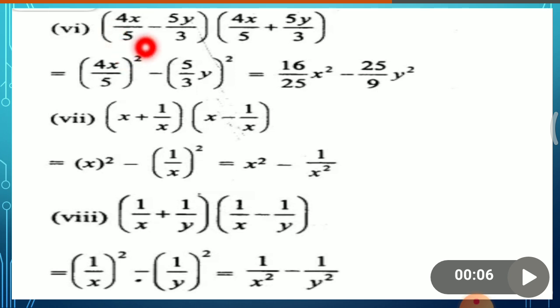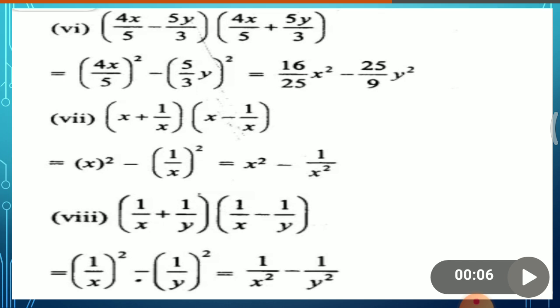4x by 5 minus 5y by 3, and in another bracket 4x by 5 plus 5y by 3. You solve it. So 4x by 5 whole square minus 5 by 3y whole square.